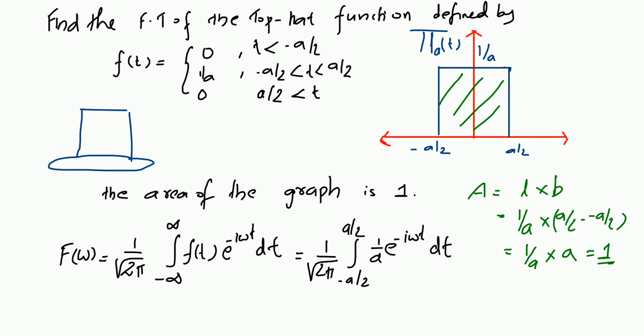So this is equal to 1 by root 2 pi as the constant, times 1 by a, which we can also take outside, times the integral of e raised to minus i omega t. The integral of e raised to minus i omega t is e raised to minus i omega t divided by minus i omega, since we are integrating with respect to time.